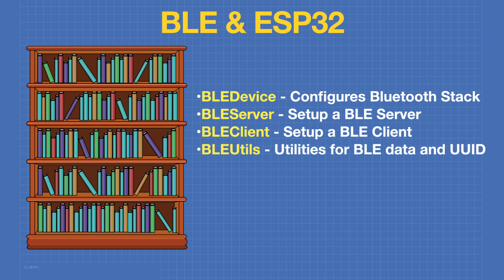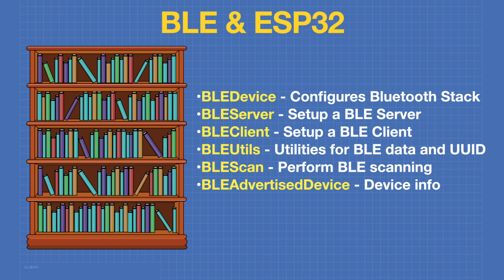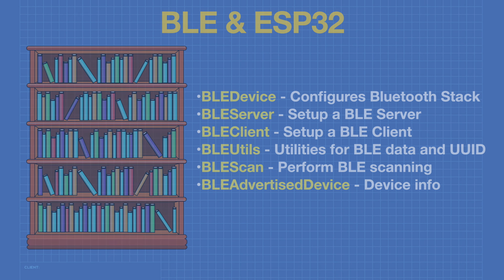The BLE Utilities library has a number of useful utilities for converting data types and for working with UUIDs. The BLE Scan library performs BLE scanning, and the BLE Advertised Device library will give you information regarding external advertised devices. So now let's go to the IDE and start working with Bluetooth Low Energy and the ESP32.